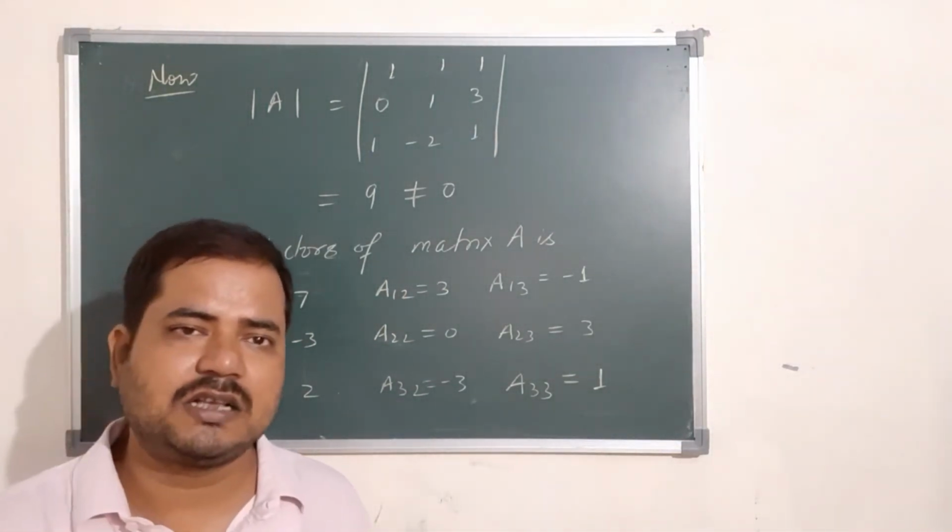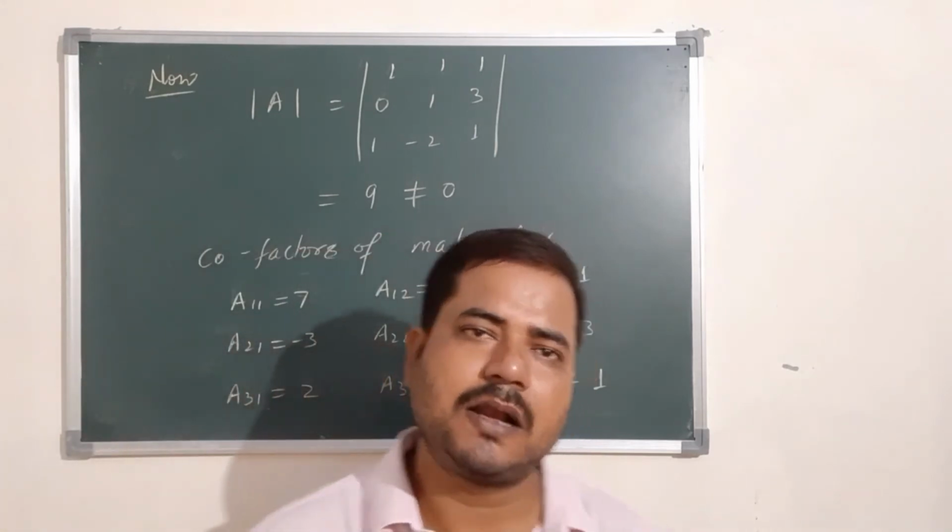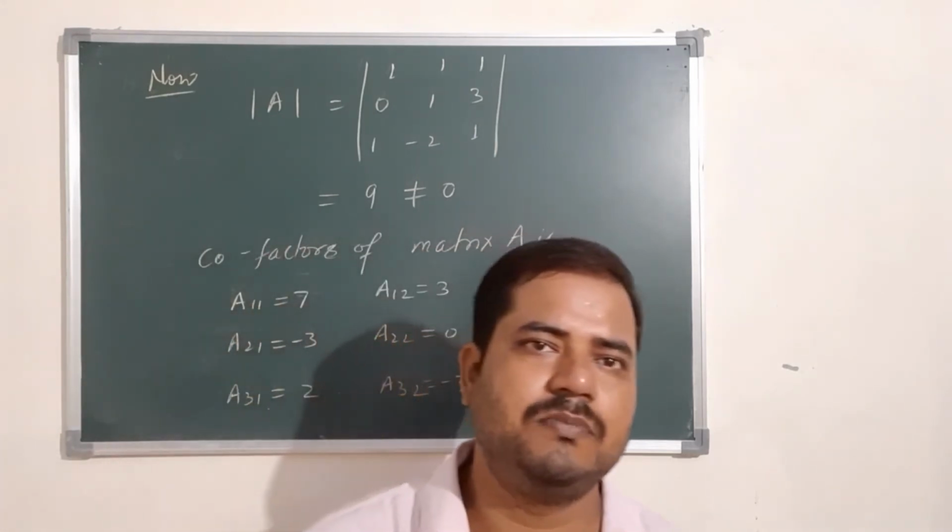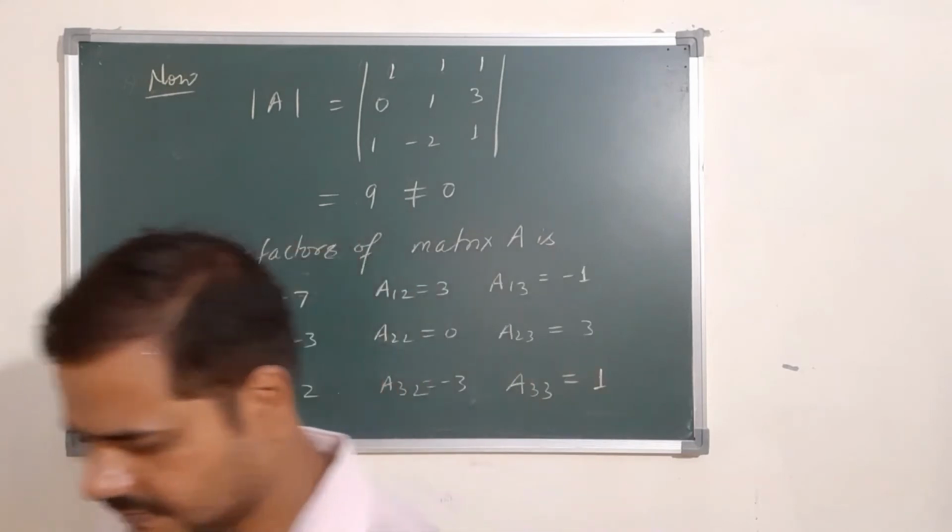Now we form a matrix B, formed by the cofactors of the given matrix.